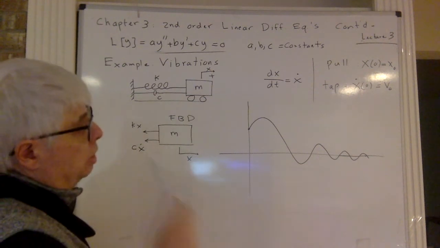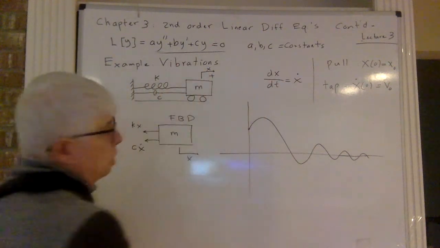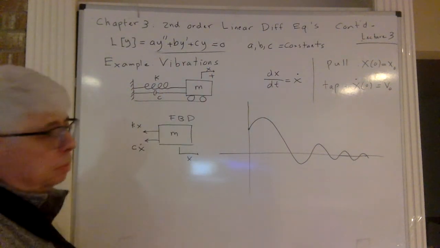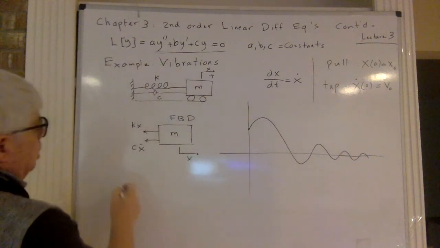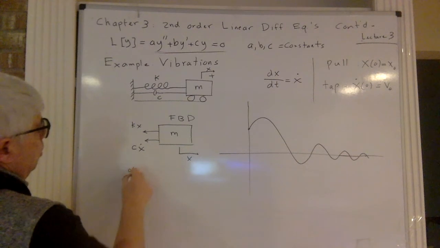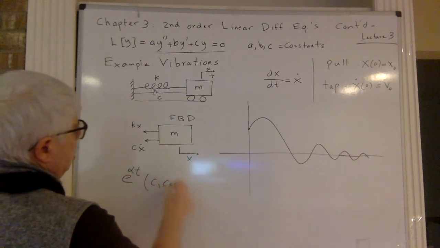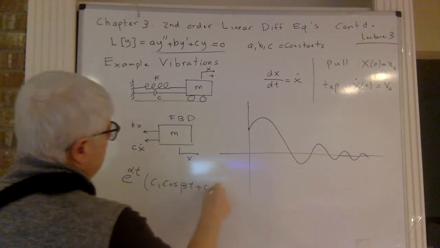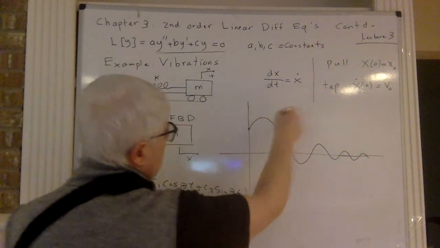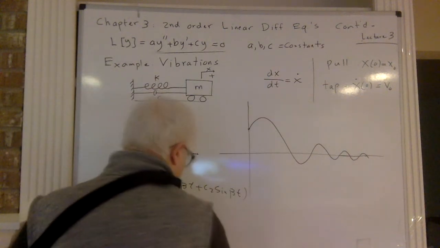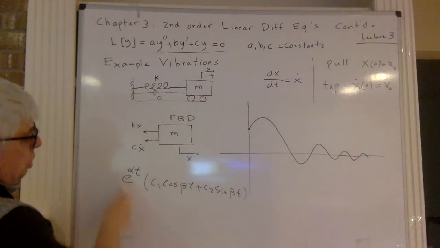If the middle term b is not 0, so if I had this situation, e to power alpha t, for example, c1 cosine beta t plus c2 sine beta t, then the thing that makes this damp is this.